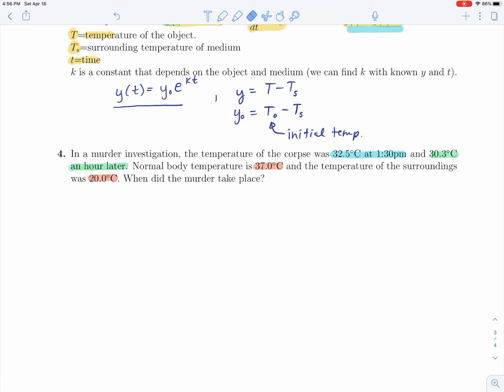I want to start with this 20 degrees. The temperature of the surroundings, that's probably the easiest one here to pick out. That's Ts equals 20 degrees. I'm not going to bother with the 0.0. And at the time of death, we have 37 degrees.